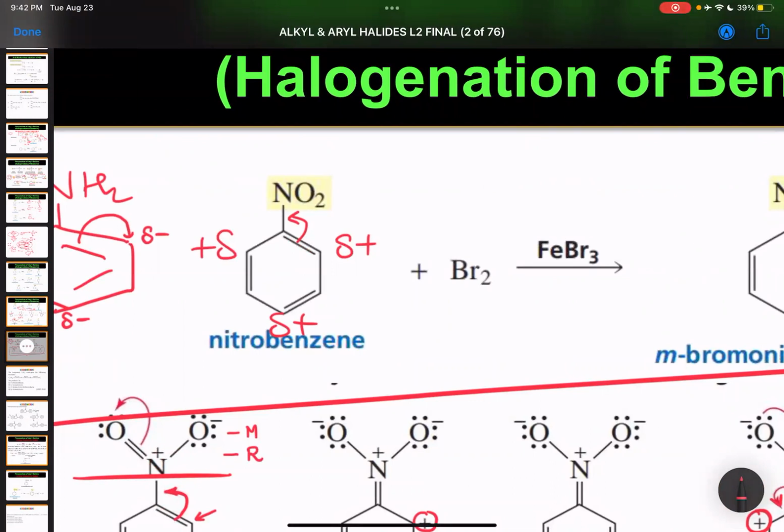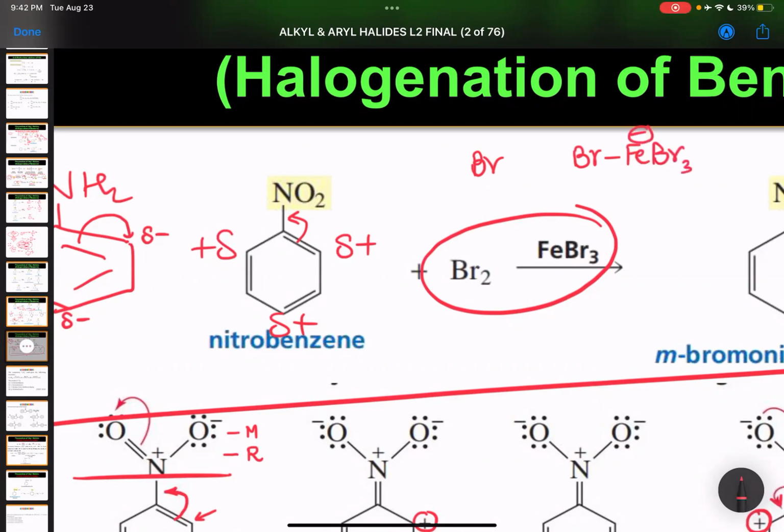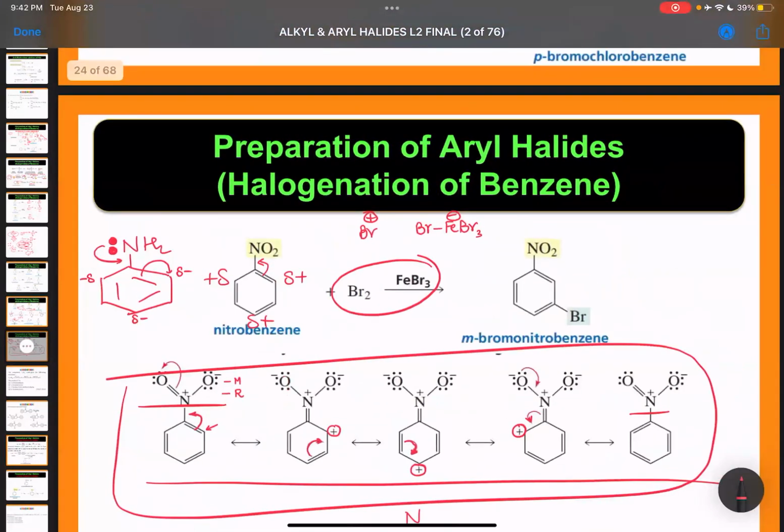So Br2 and FeBr3, and we have just now seen that FeBr3 is the Lewis acid, and that will break away Br minus. So you will have FeBr4 minus and Br plus. This Br plus will go towards the benzene ring, nitrobenzene. So tell me where this Br plus will attach.